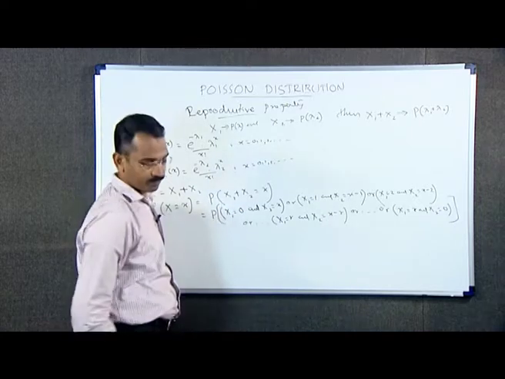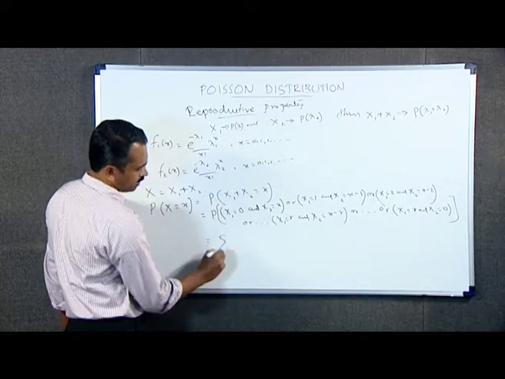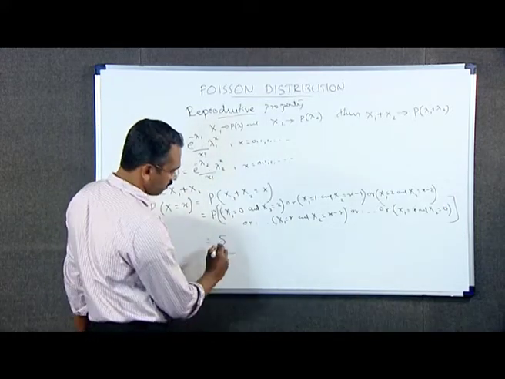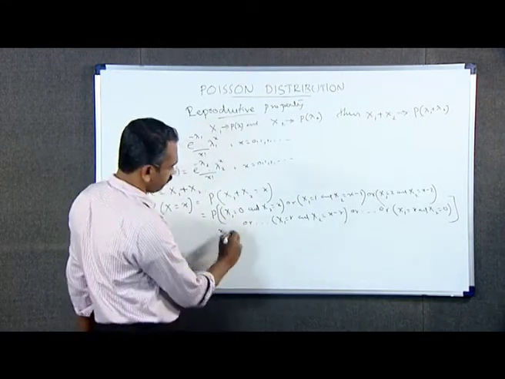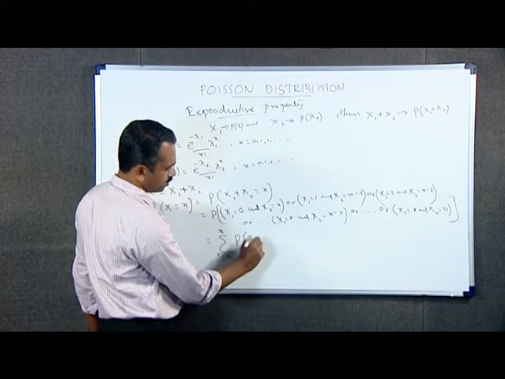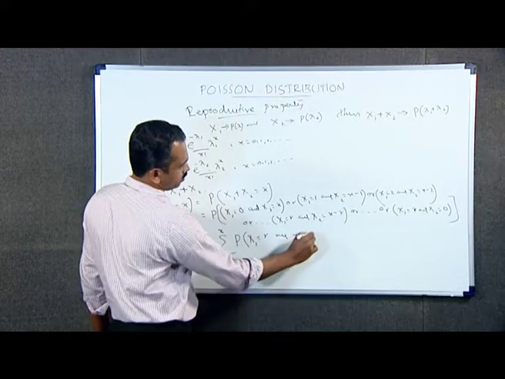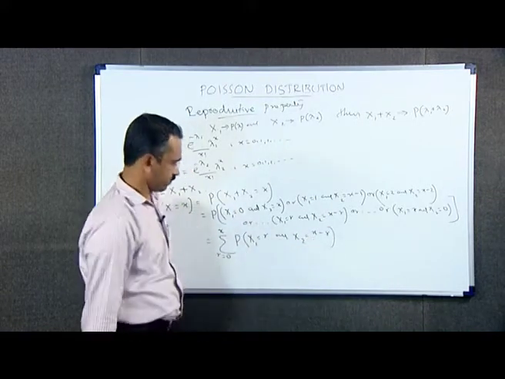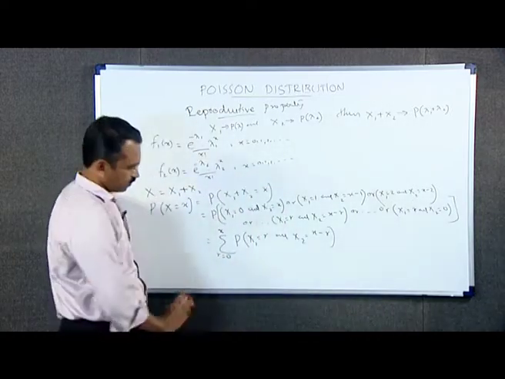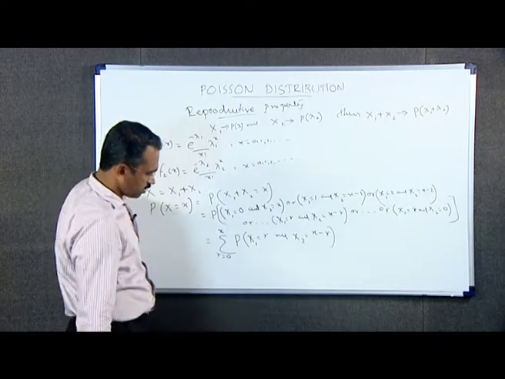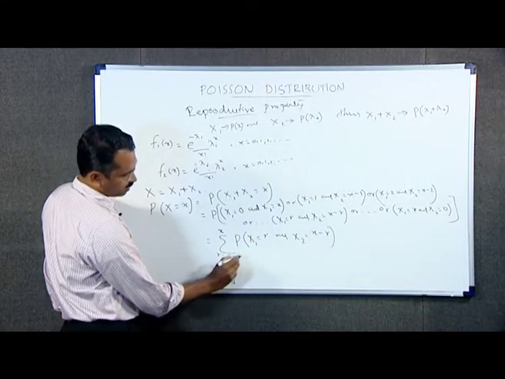Which is equal to the summation over r varies from 0 to x, probability of x1 equal to r and x2 is equal to x minus r. That is equal to summation over r varies from 0 to x.